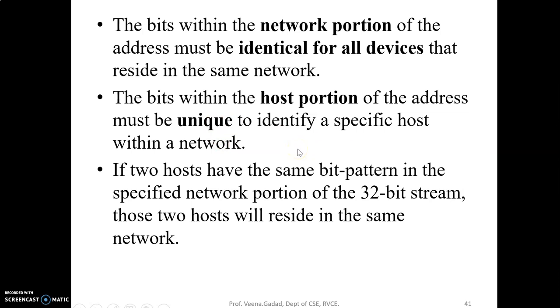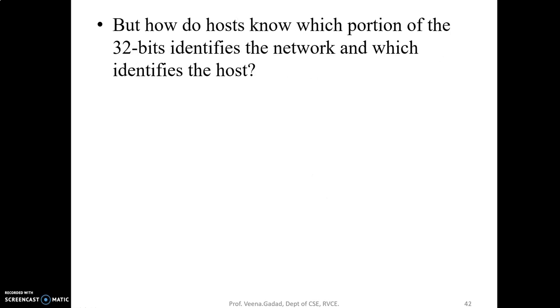So if two hosts have the same bit pattern in the network portion, those two hosts will reside in the same network. But the question is, how will a host know which portion of the 32 bits identifies the network and which identifies the host? That is, how to differentiate between the host part and the network part.